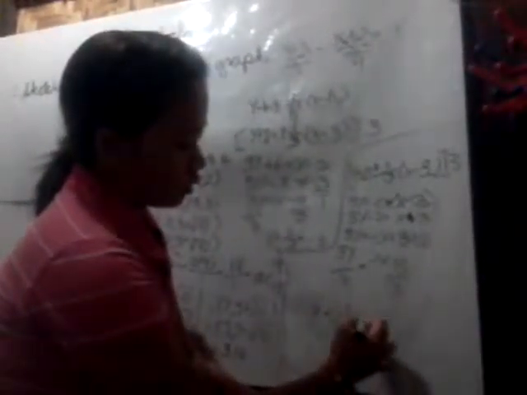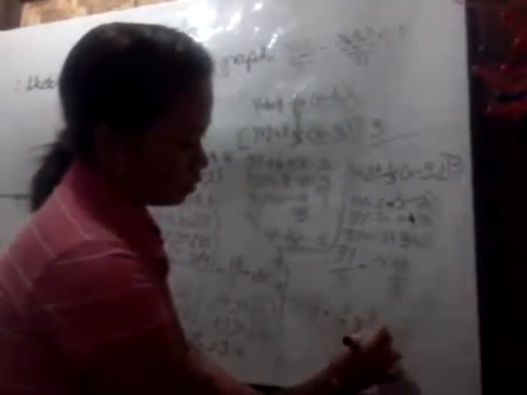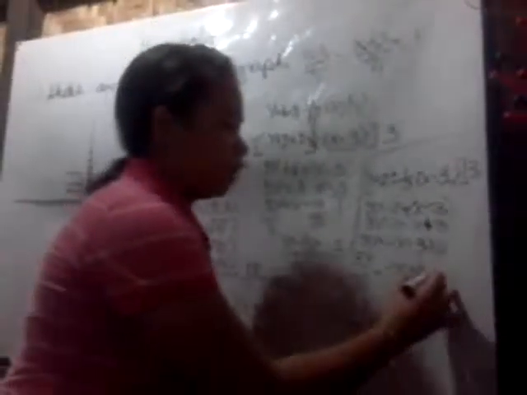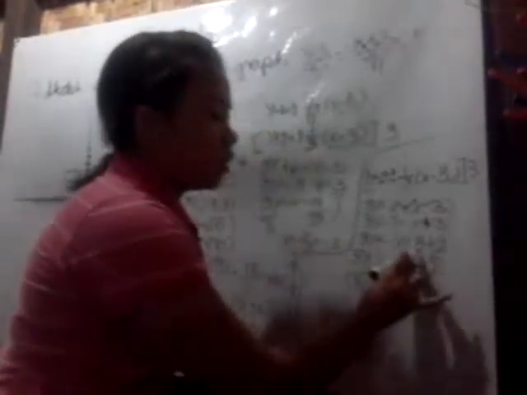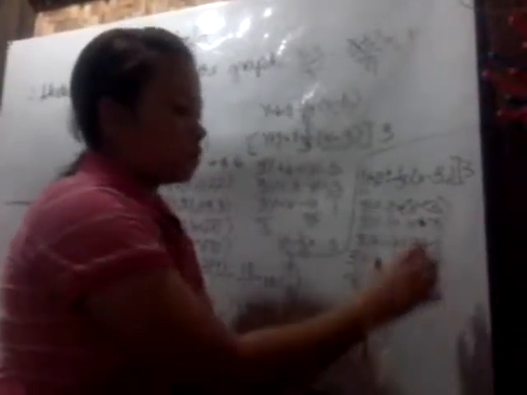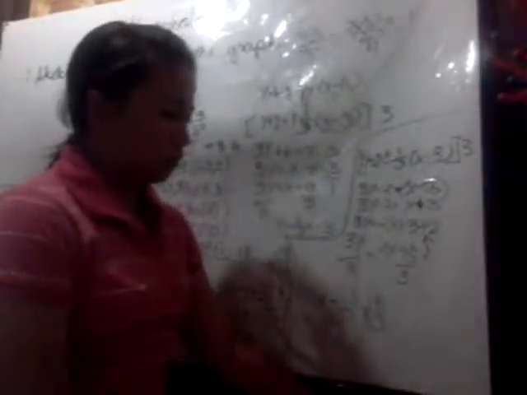Then the answer now is y equals negative 1/3 x. There. So 5 here came from these two numbers, positive.